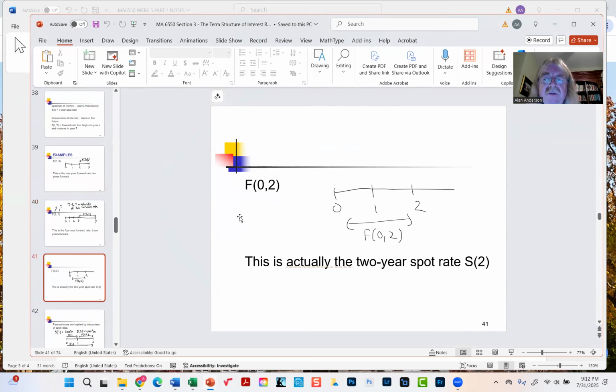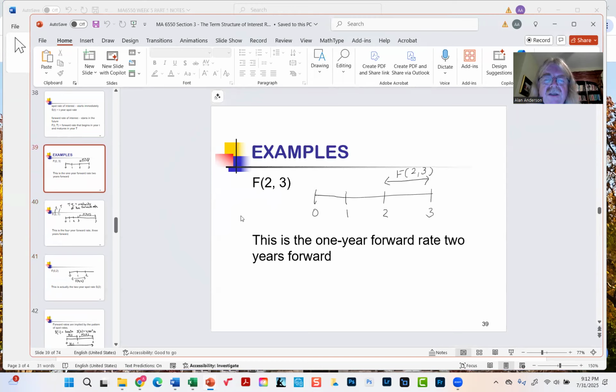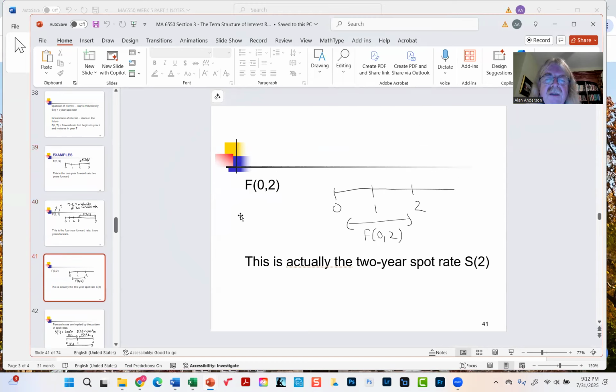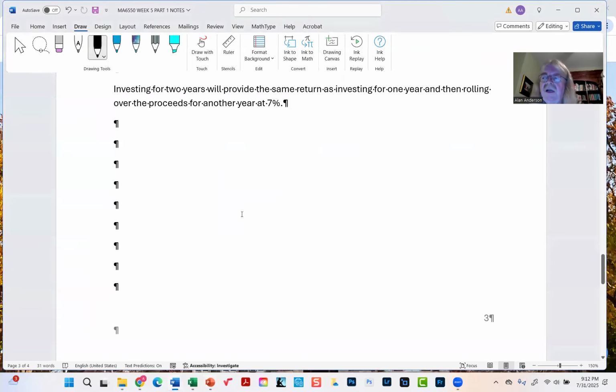Now here's where we have to watch it. A little trickiness here. If the forward rate starts today, then it is in fact a spot rate. In other words, the forward rate 0 comma 1 means it starts today and matures a year later, so it is itself a spot rate.